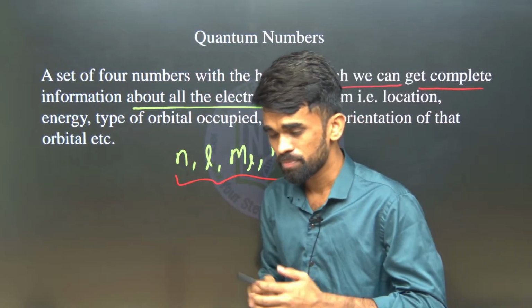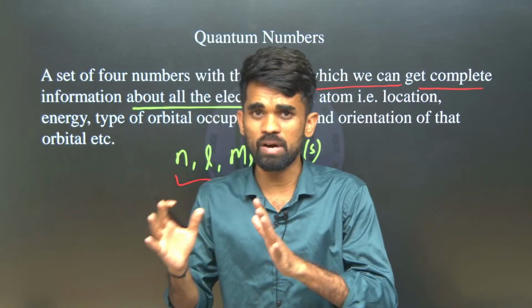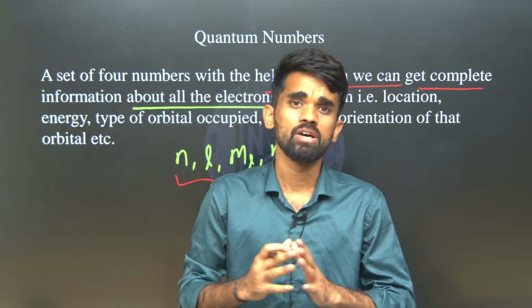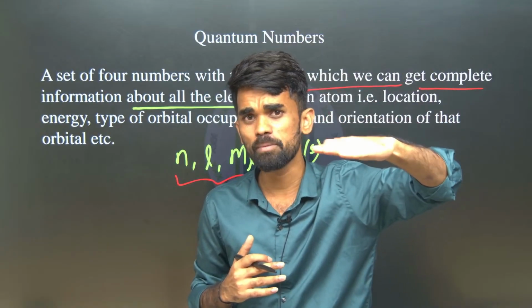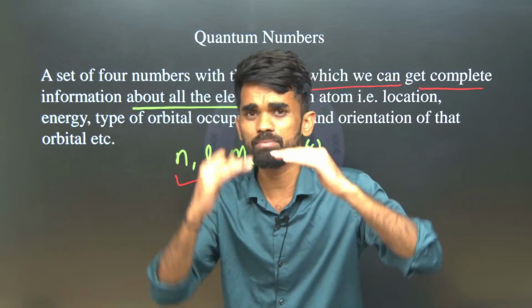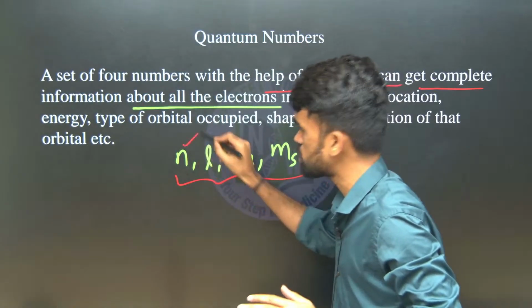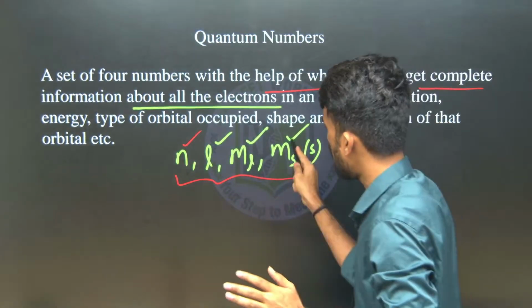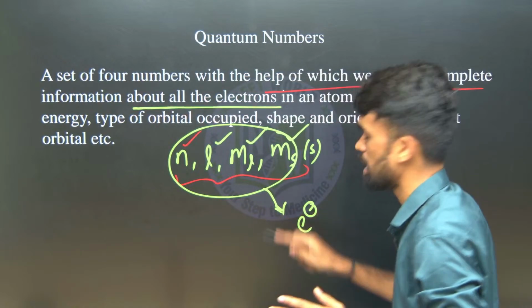For example, if someone wants to express my identity or location, they say he is from India, from Telangana, from Hyderabad, and currently in NEET World Hyderabad Institute, Narayanguda. One by one they have to say it. Similarly, n gives information, and later l, ml and ms, so overall we get complete information about the location of that electron.